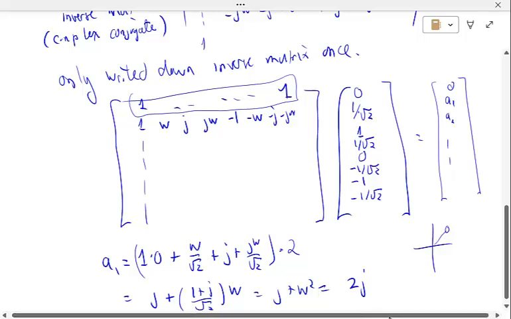Okay. So just go through and do this kind of stuff, and you'll be finding all of these coefficients. They will be complex. Turns out that if this one is 2J, the last one is going to be minus 2J because it's going to be the complex conjugate. You can work that out, but it turns out A2 will be the complex conjugate of A6 and so on.